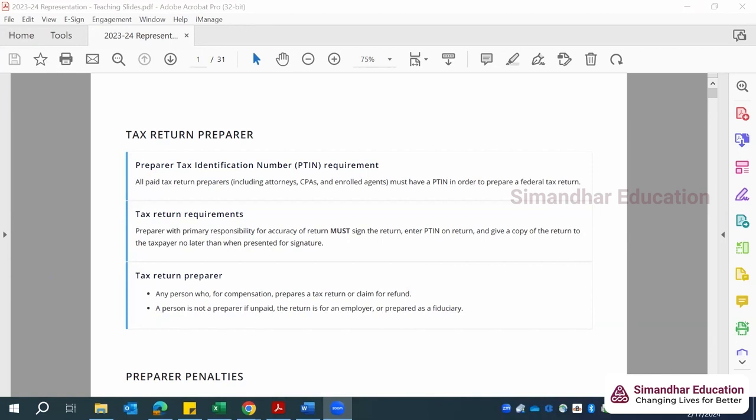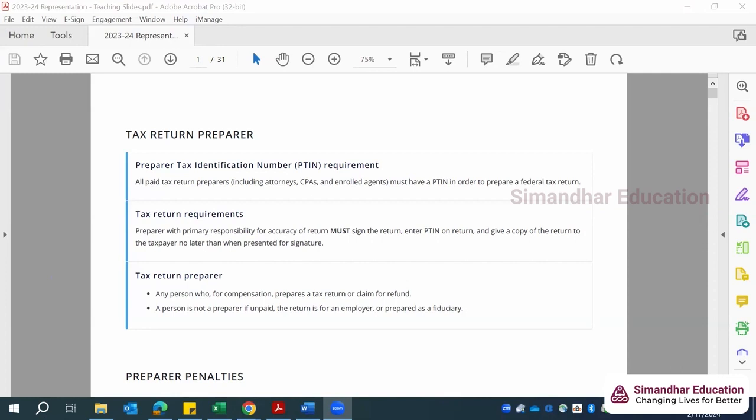Now, there is a Volunteer Income Tax Assistance program that is established by the IRS. Someone who provides tax assistance under the VITA program is also not considered a tax return preparer.